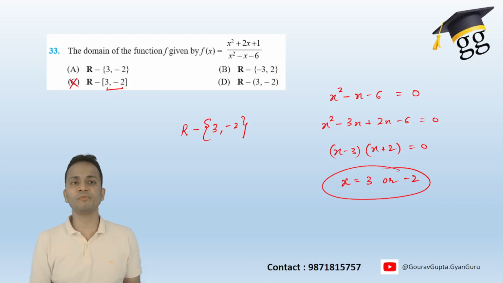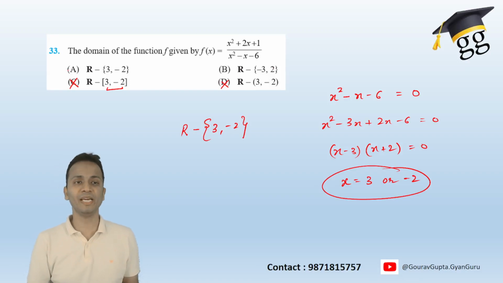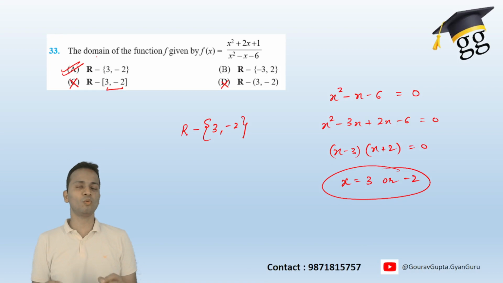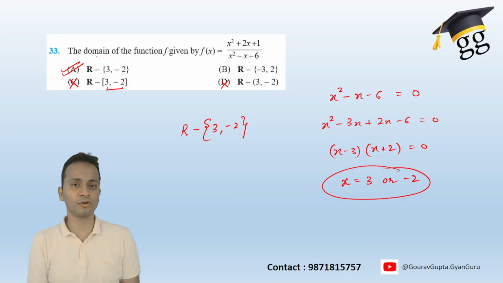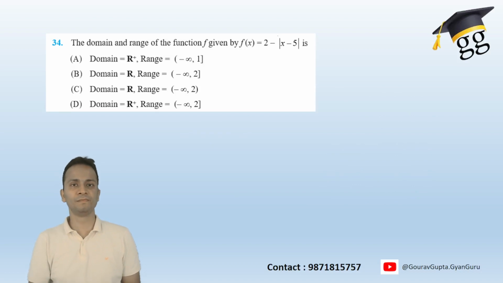So option C cannot be the answer. Option D cannot be the answer. Option A and option B, I have to remove 3 and minus 2, not minus 3 and plus 2. So be very careful while marking your answer because these options look identical, right? So option A will be the correct answer for question 33.